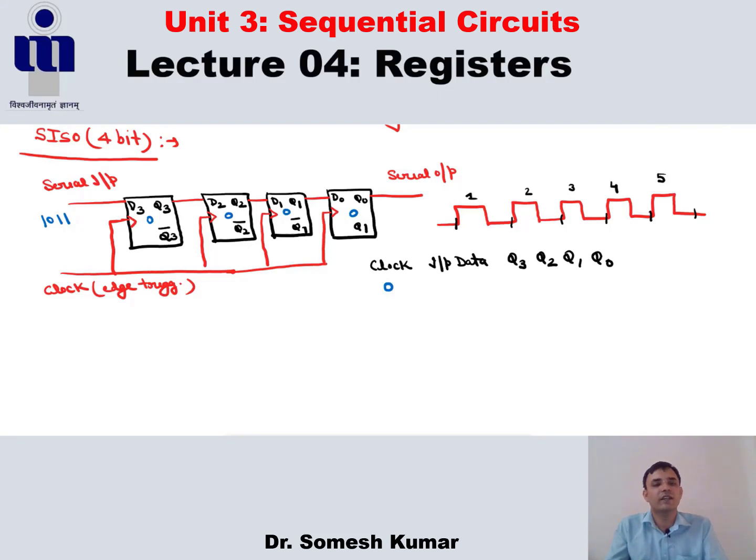So by using preset and the clear pins, we have to reset all these flip-flops to the 0th position like this. So here we assumed our input data is 1011. Your input data may be any bits like 1011, 0101, 0000, 0111, 111, anything, any combination of ones and 0s.